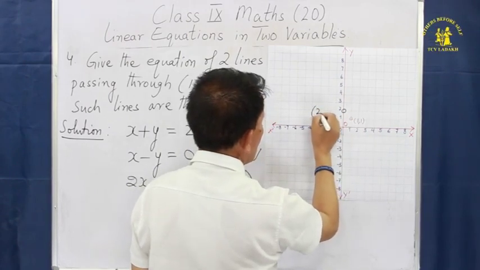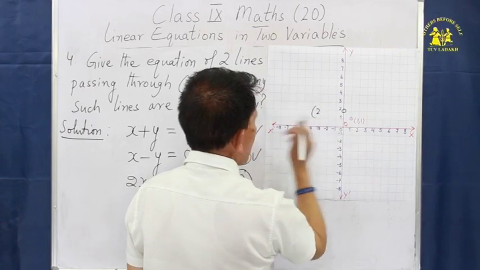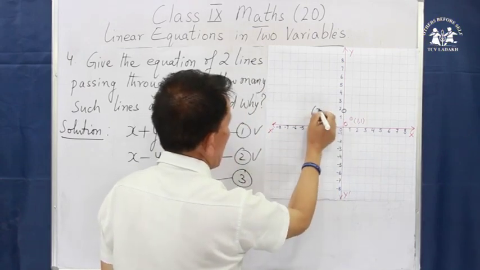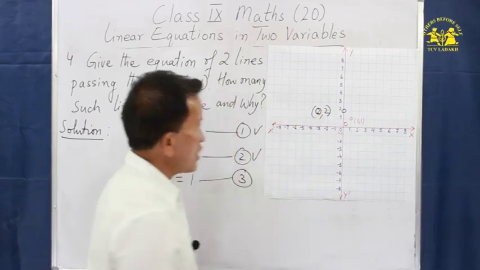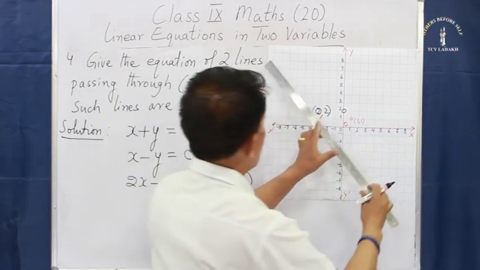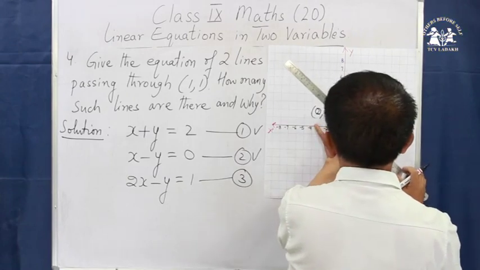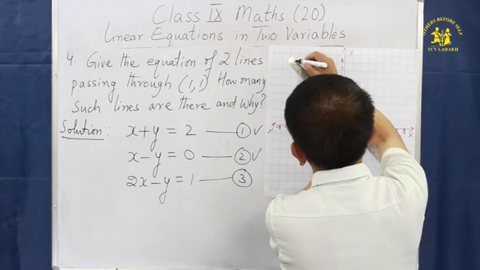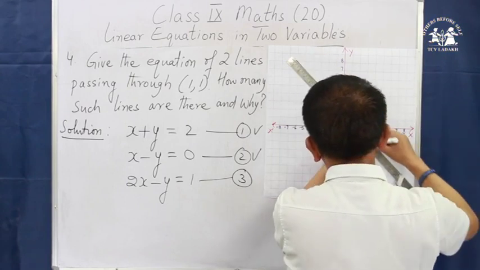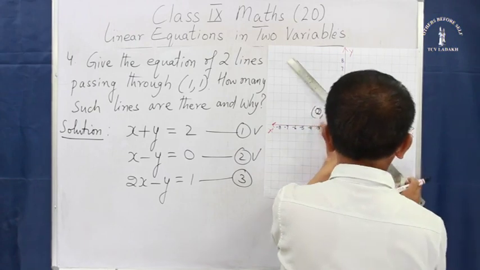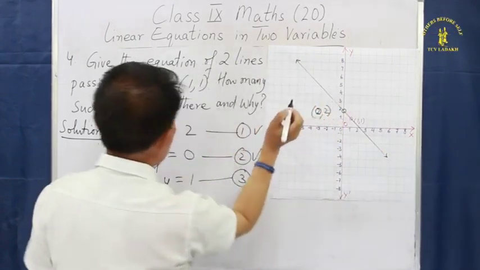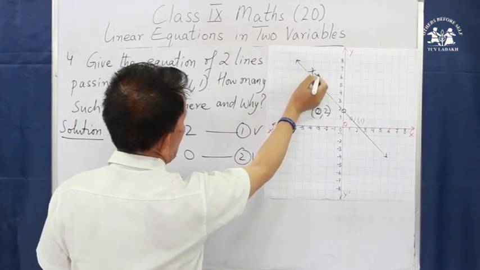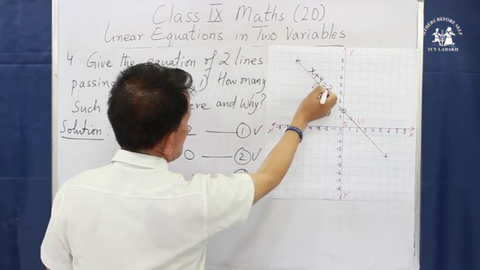So you have x is equal to 0, y is equal to 2. Since we have 2 points, we can draw the line, right? So this line will represent the first equation, x plus y is equal to 2.